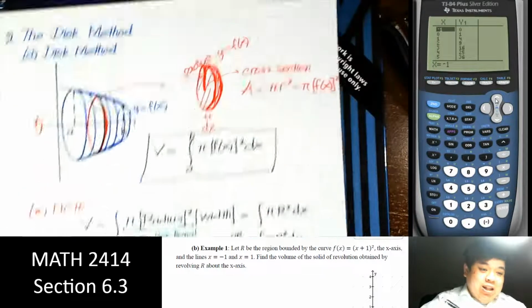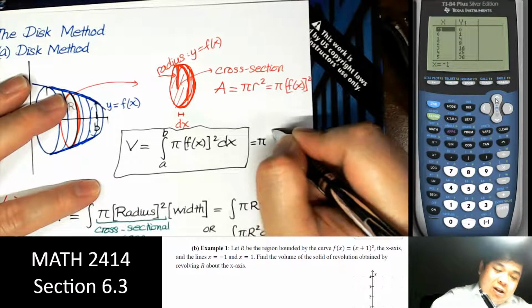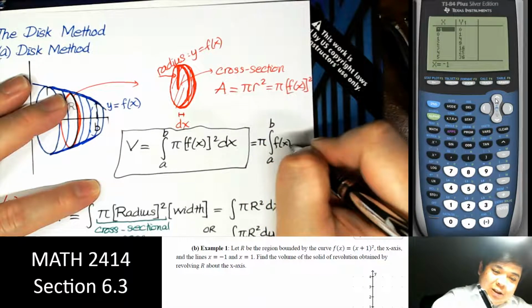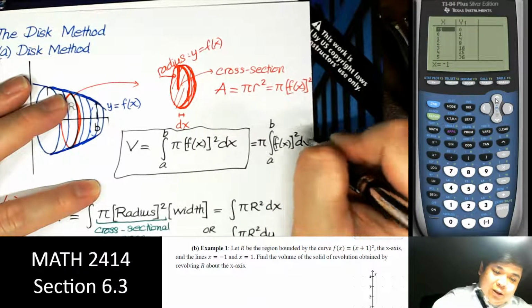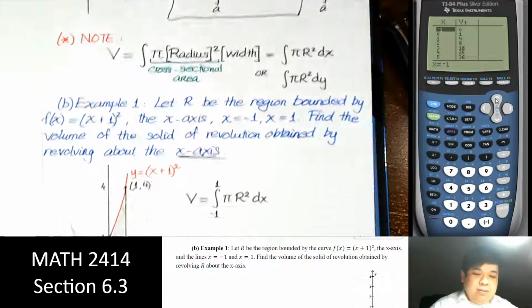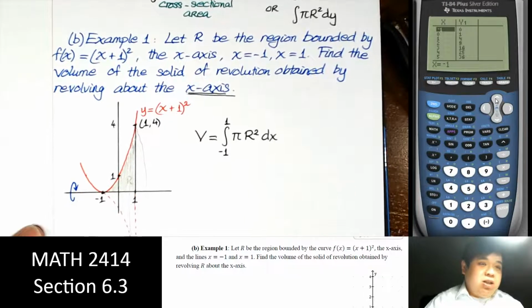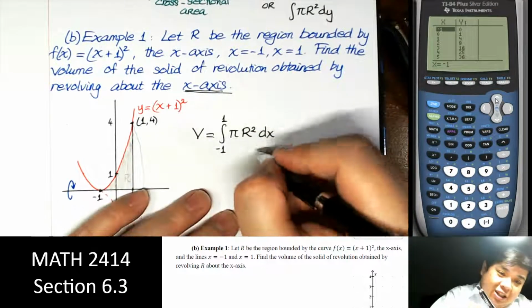Before I go to that, let's go back to this formula. We can always pull out the pi. It doesn't matter though. What matters here is how do we find the radius. Now, what is the radius?